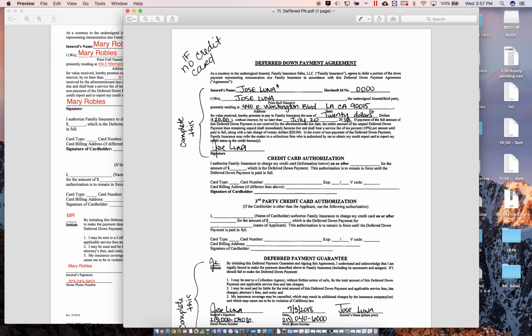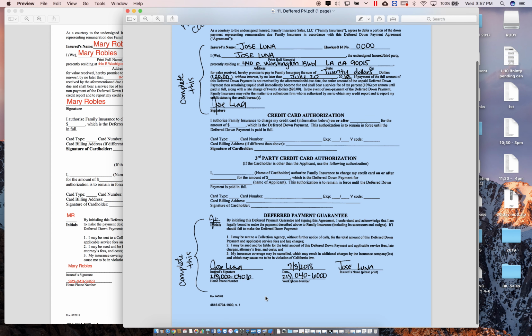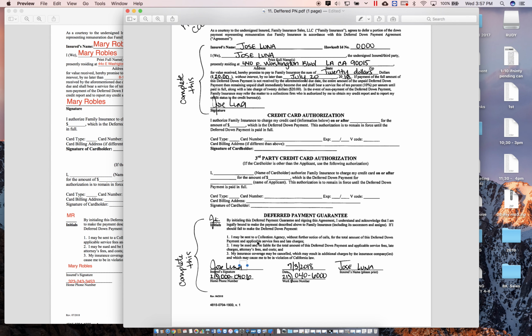Now, the following example will be for a situation where there are no credit cards at all. There's no credit card for the policyholder, and no credit card for any additional third party. So you would complete the top portion of the form, and you would also complete the bottom part. Once again, there are three different scenarios.